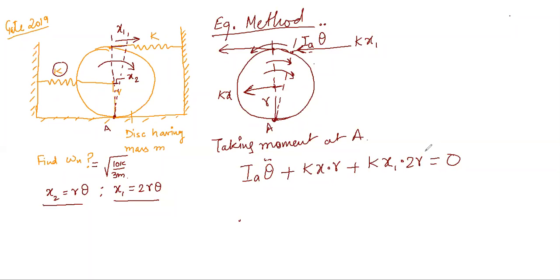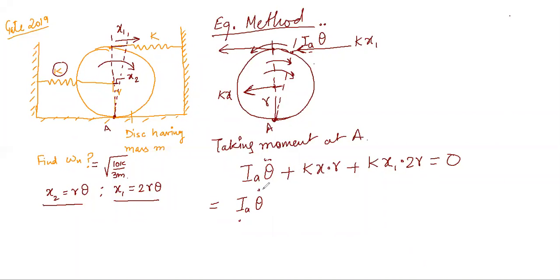So if your mechanics part is clear, and you know how to draw a free body diagram, then this type of question can be solved in a single line, right? How do you proceed?